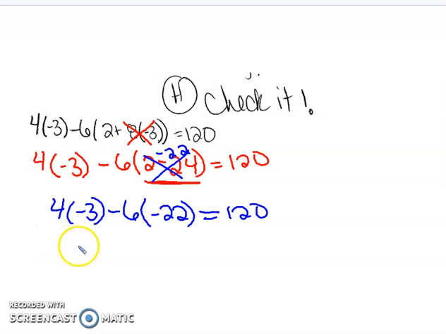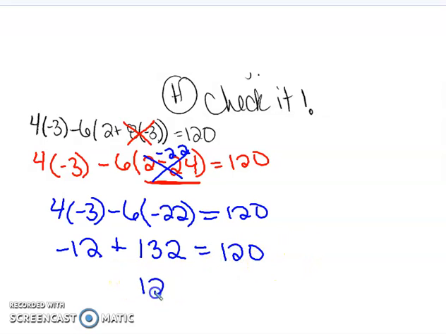Now I just have a bunch of multiplication. Negative 12 plus 132 equals 120. Does 120 equal 120? Yes, we are right.